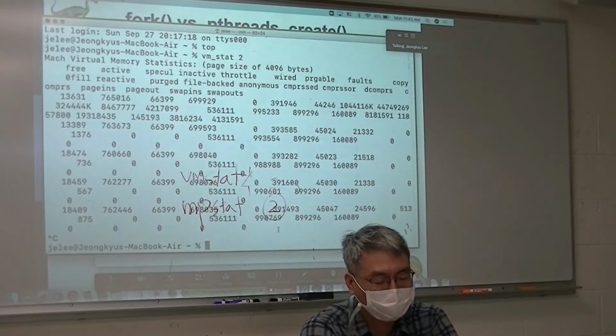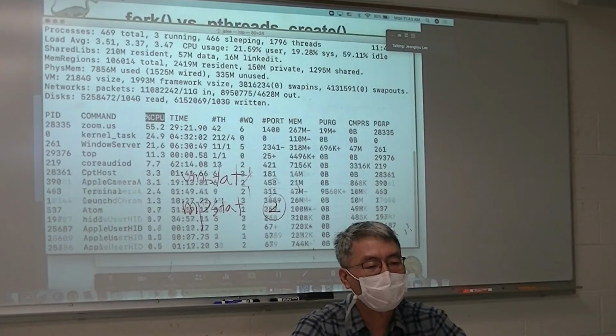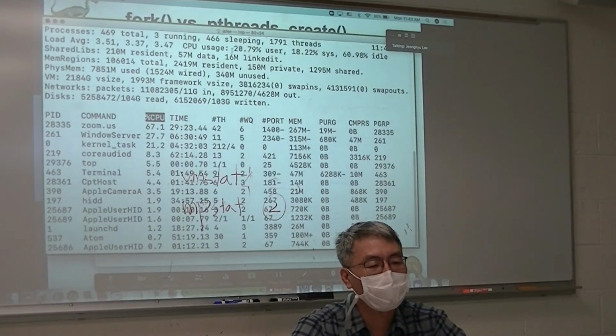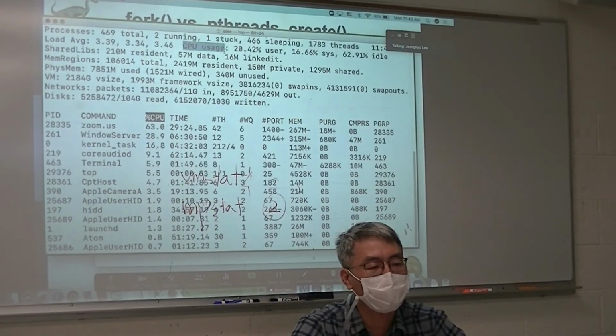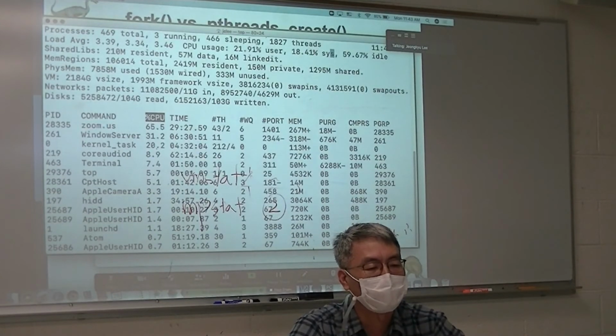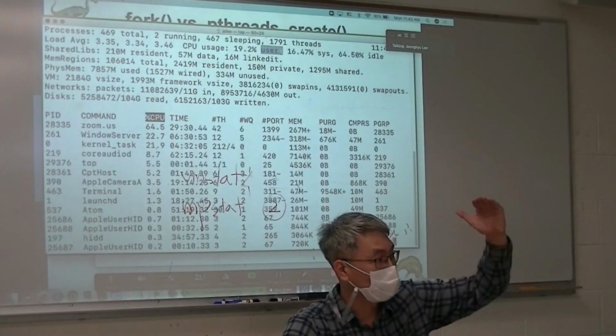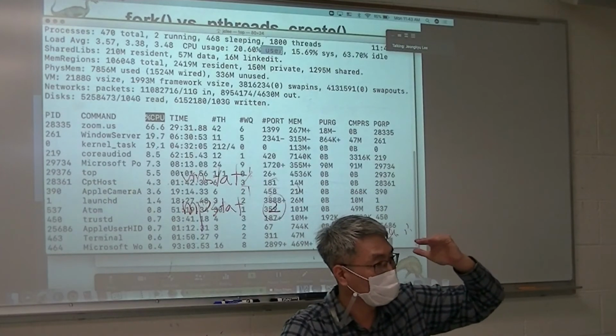Once again, I would like to show the example of top. If you see the top command, you can see the CPU usage here. There is user mode, sys mode, and idle. 20% is used for the user in terms of dual mode.